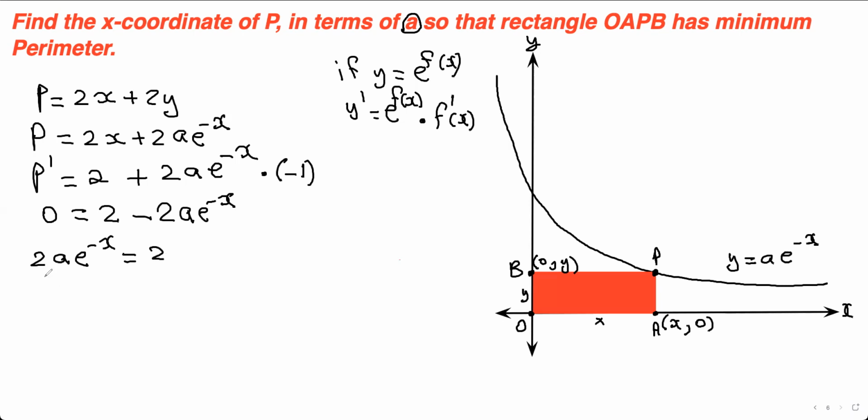Now I'm going to divide both sides by 2a. And therefore, I have e to the negative x equals 1 over a, because the 2 reduced to 1.